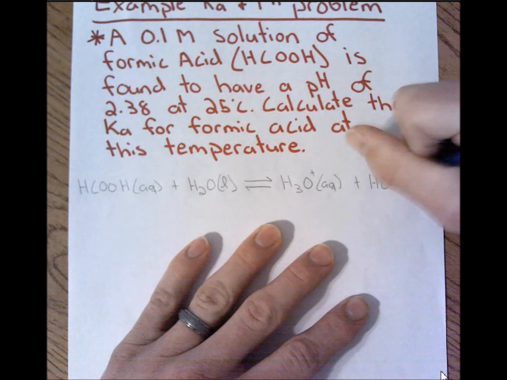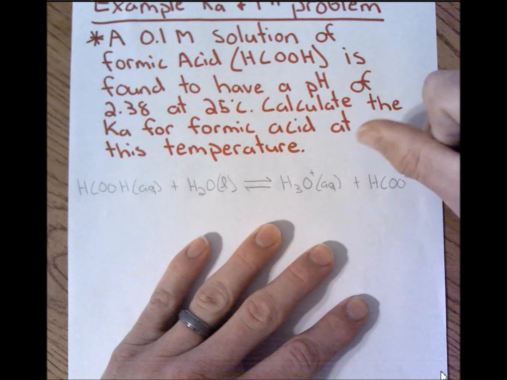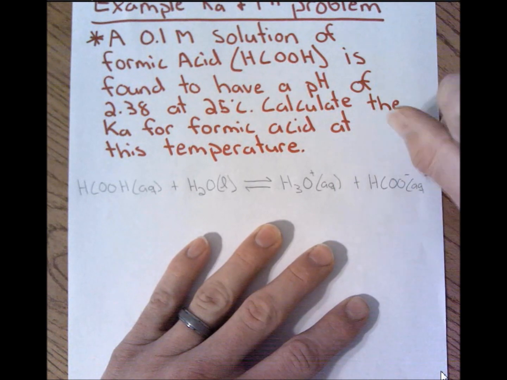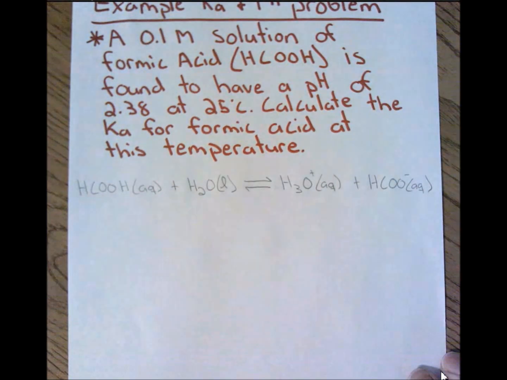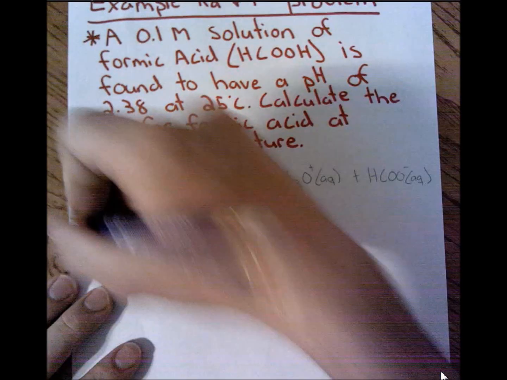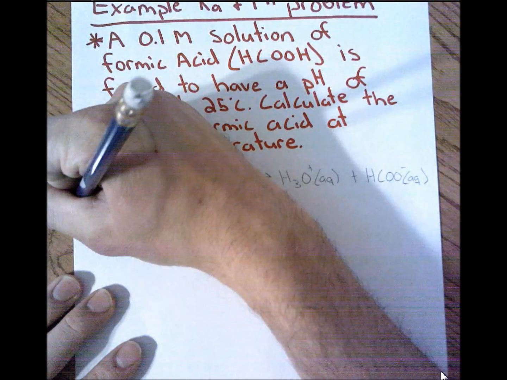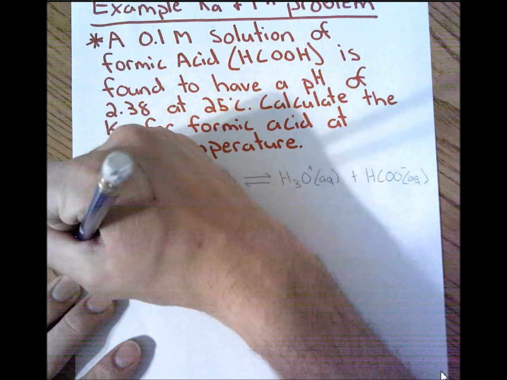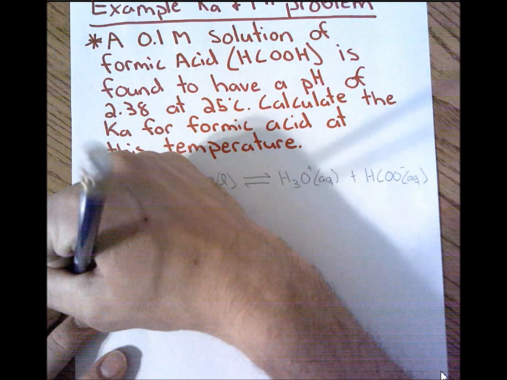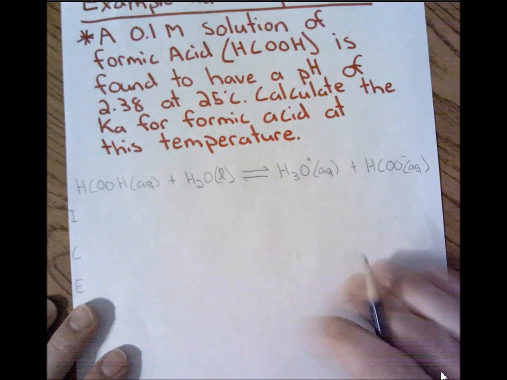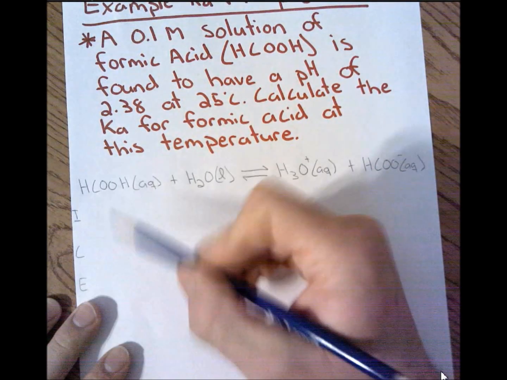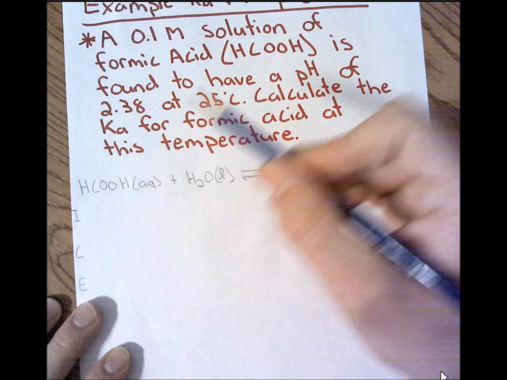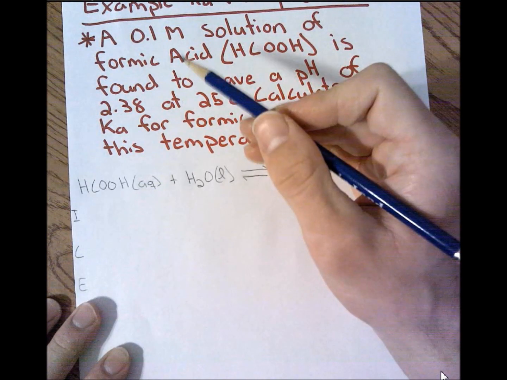Now what we have to bring back is our ICE chart. And I squeezed some room here. I wish I would have left a little bit more room, but we have our ICE chart. Now, initially it said we had a 0.1 molar solution of formic acid. So we put 0.1 molar, and we're allowed to put molar there.